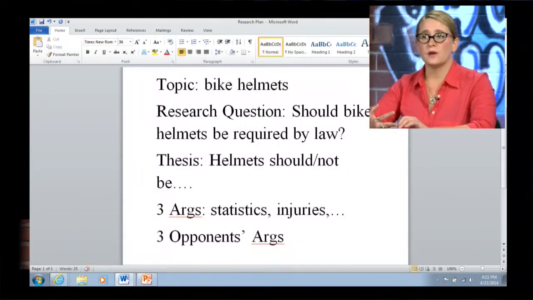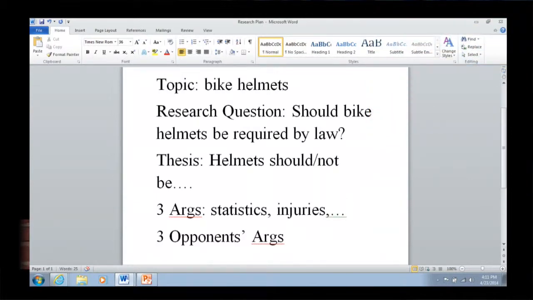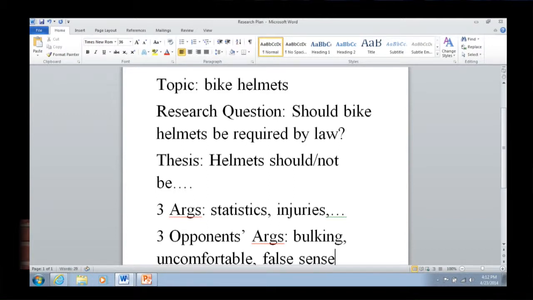So again, you come up with your three arguments, anything that helps to prove your point, and then you need to address your opponent's arguments, whatever they may be. Maybe they deal with helmets being bulky and uncomfortable, or giving people a false sense of safety, whatever that may be for your opponent's arguments. But if you're going to have three arguments, which you should, you are also going to have three opponents' arguments.